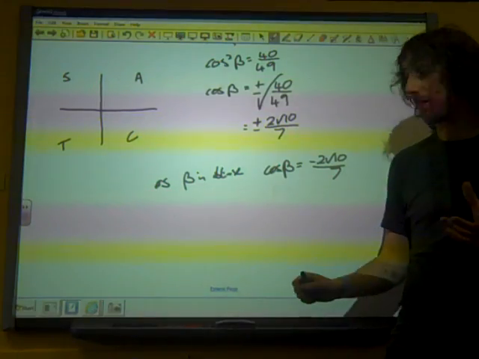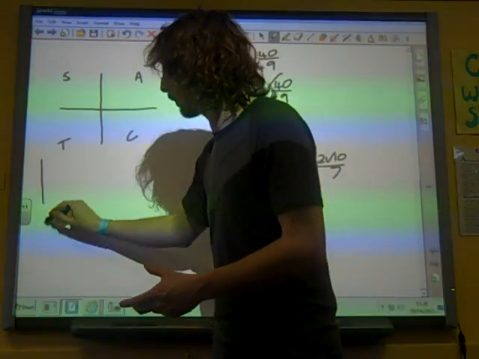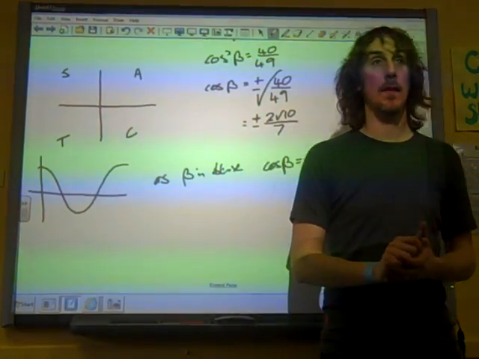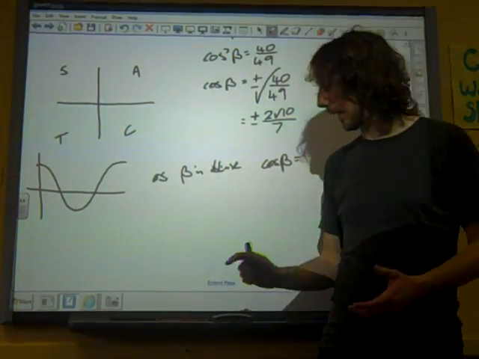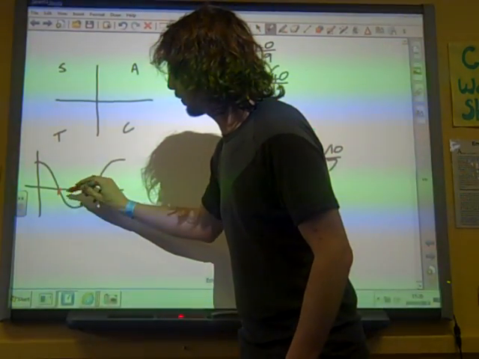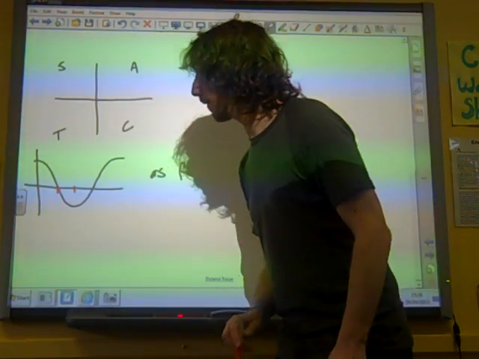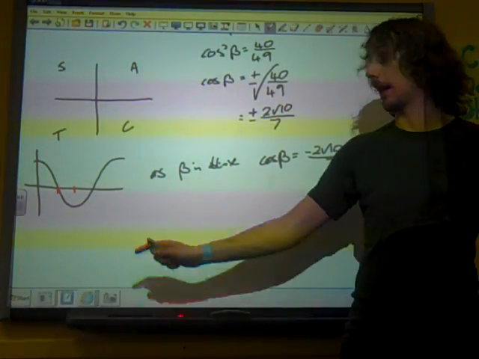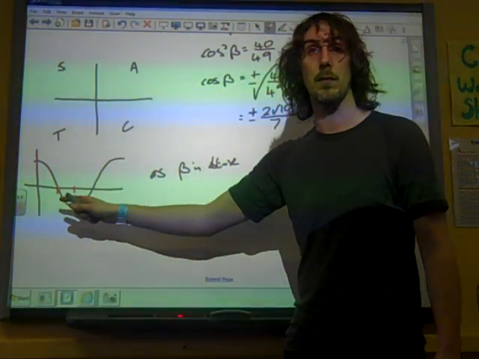If you think in terms of the graph, if we're looking at the obtuse angles, that's the angles in that region between 90 and 180, and in that region you can see cos is negative.